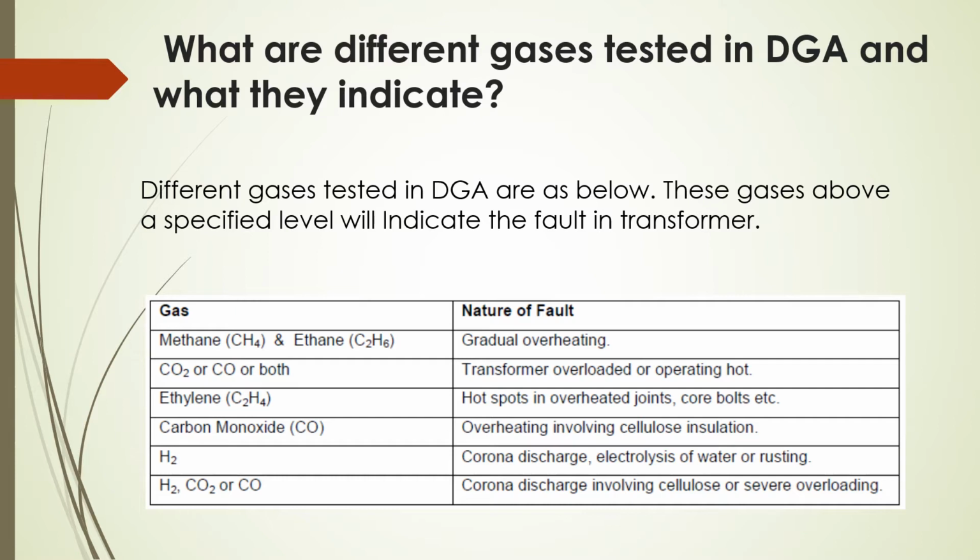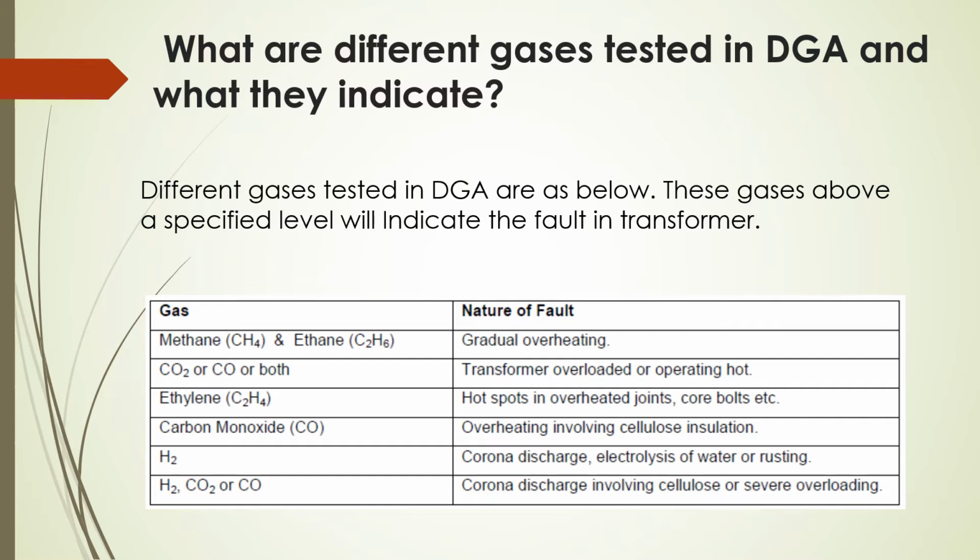CO or CO2 or both: higher than a specified value of CO2 indicates transformer overloaded or operating hot. Ethylene: higher value of ethylene than the specified value indicates hot spots in the overheated joints, core boards, etc.